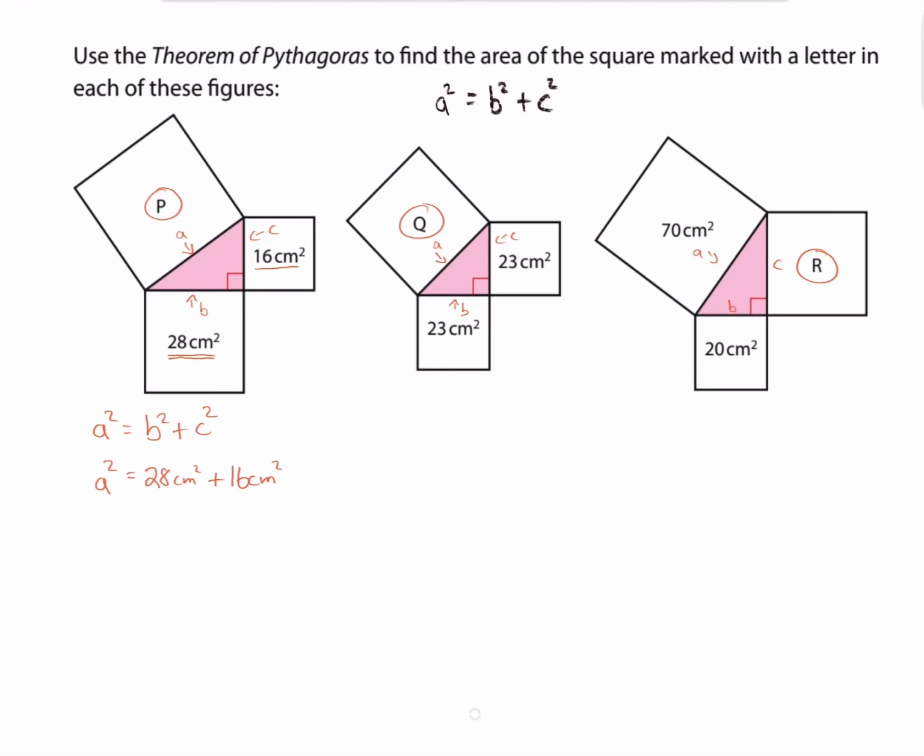Okay, if I want to figure out what A is, I just add these two together. So A squared is equal to 28 plus 16. So I add on the 10, that makes 38, and then I add on the 6, which makes 44. So 44 centimeters squared. So A is 44 centimeters squared.